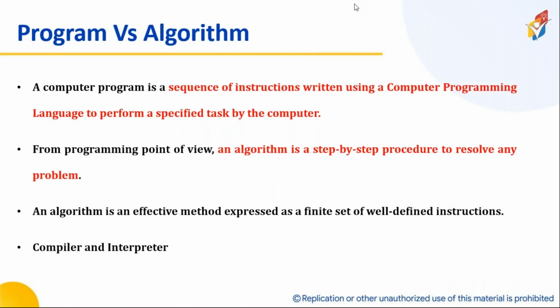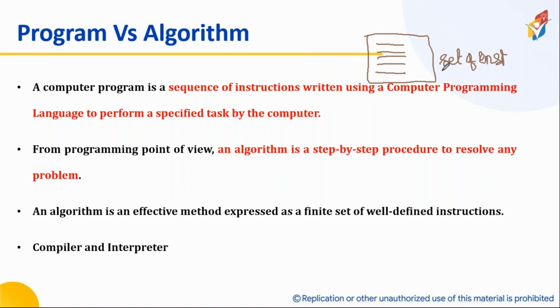Now, before starting my program, I'll start my discussion with what is a program and what is an algorithm. If you consider this a program, it is called a set of instructions.